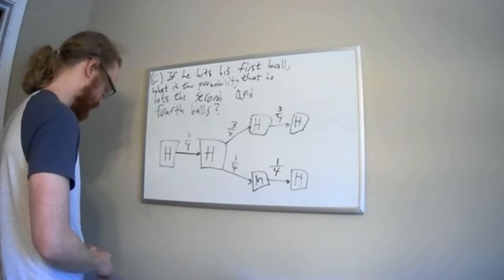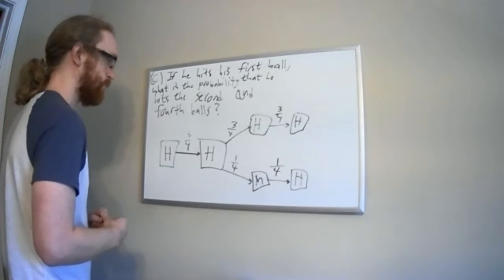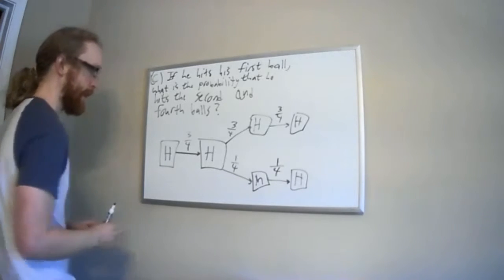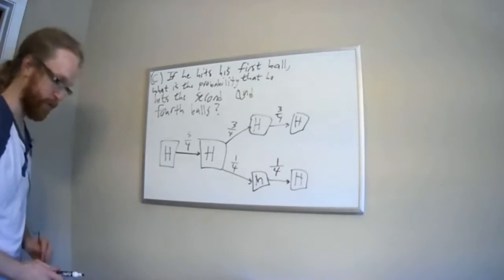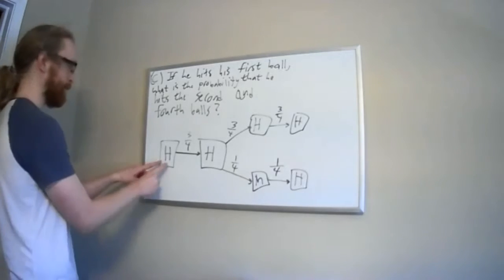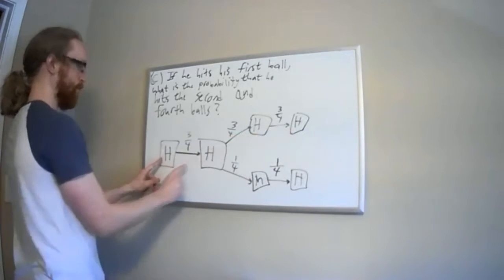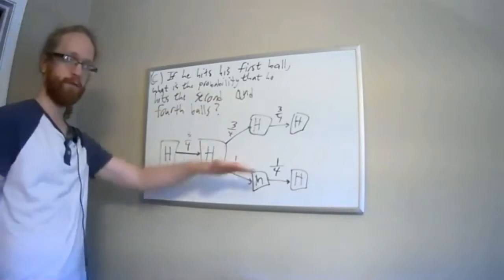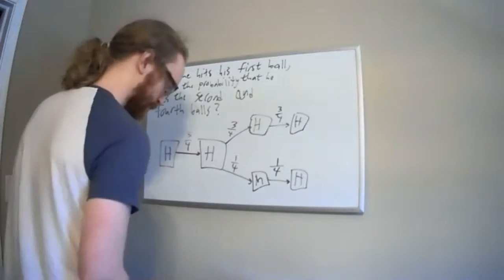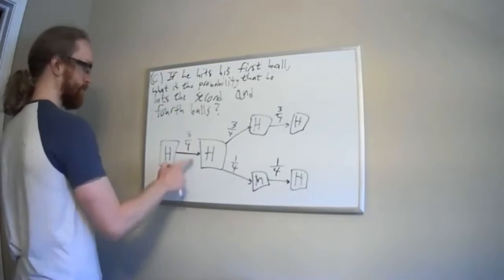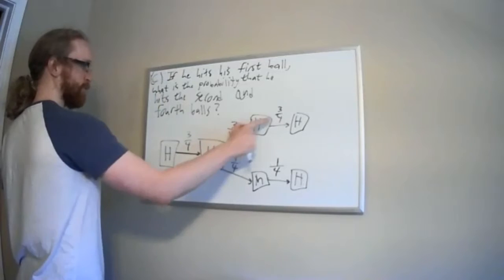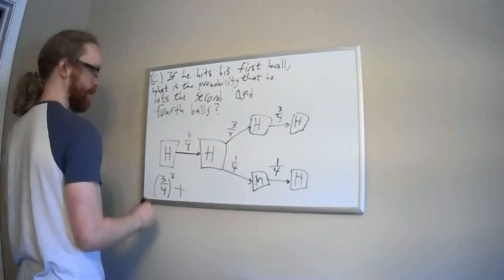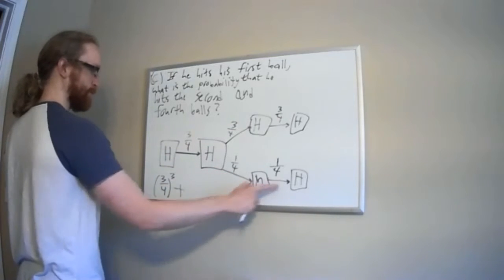Okay. So now that I have that, what do we need to do? We just need to trace out the possible paths, multiply out the numbers, and then add up the results. And so there are two paths through this tree, right? I could either start here and end there, or I could start here and end there. And so I just need to multiply appropriately for both of those paths and then add them up. So let's do that. If I go along this path, I'm just taking 3/4, 3/4, 3/4. So that's our 3/4 cubed. And then if I go the other path, that's 3/4 times 1/4 times 1/4.